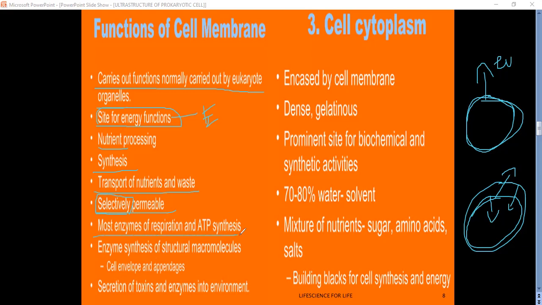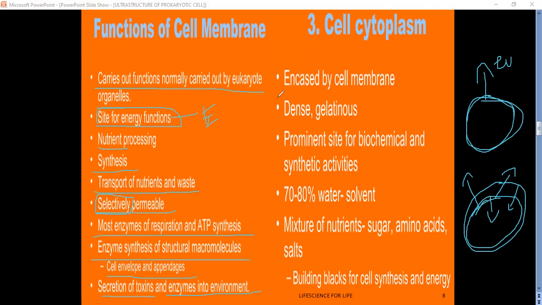Most enzymes of respiration, that is glycolysis enzymes, TCA cycle enzymes, or electron transport chain enzymes, are mostly related to the cell membrane. Enzyme synthesis of structural molecules, cell envelopes, and appendages are linked to the cell membrane. And secretion of bacteriocins, such as colicins, which produce toxins and enzymes into the environment, occurs from the cell membrane only.